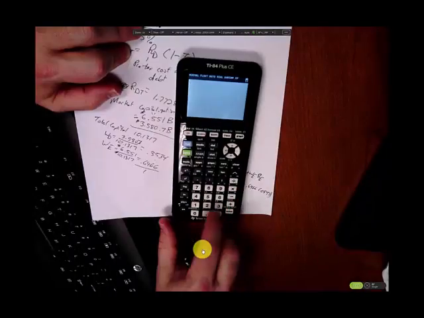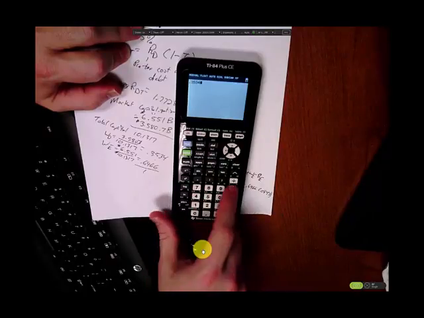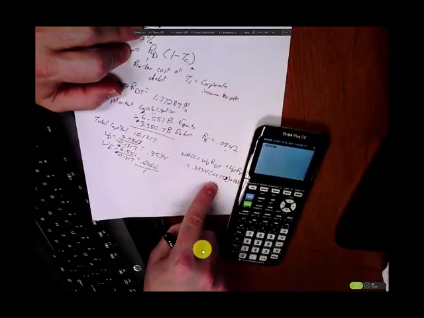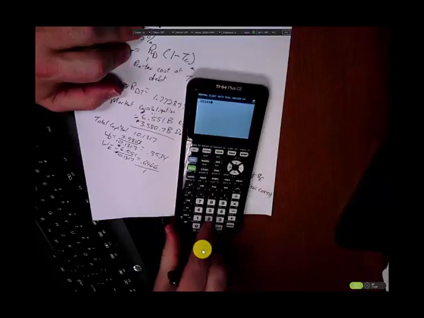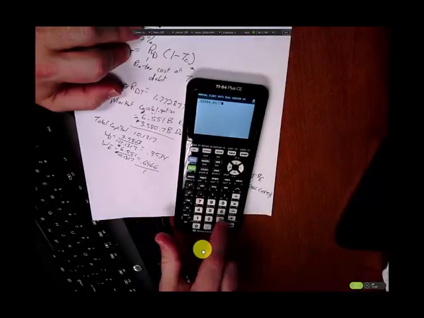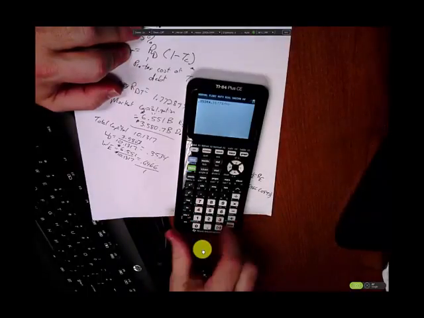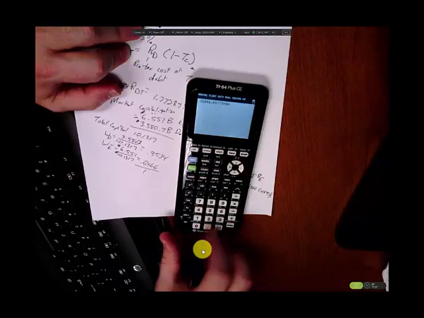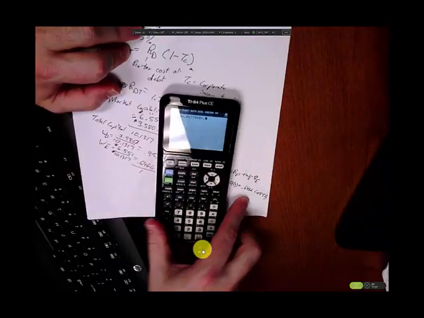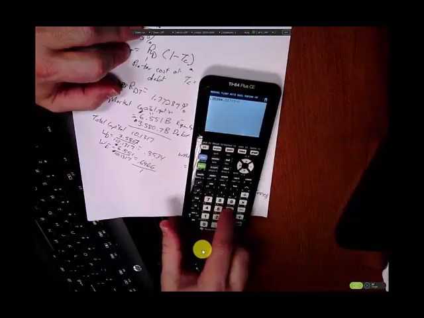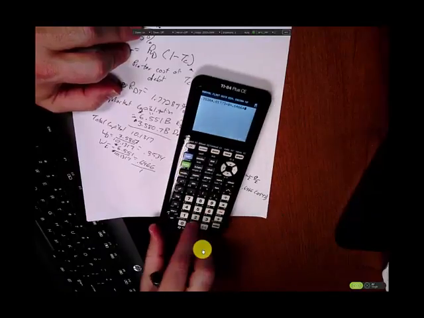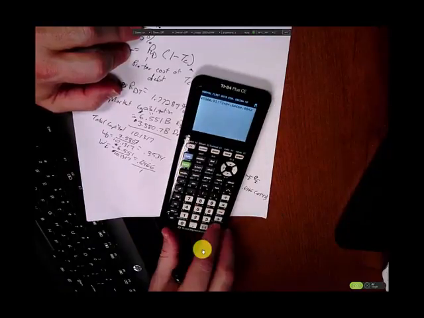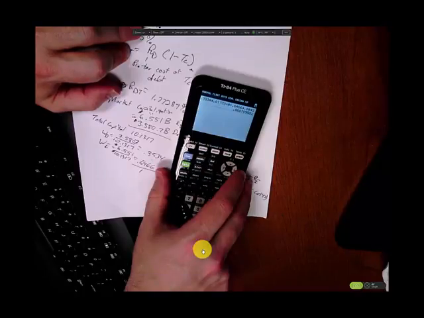Okay, 0.3534 multiplied by 0.01773, plus 0, plus 0.6466 multiplied by 0.0842, and I get 6.07%.